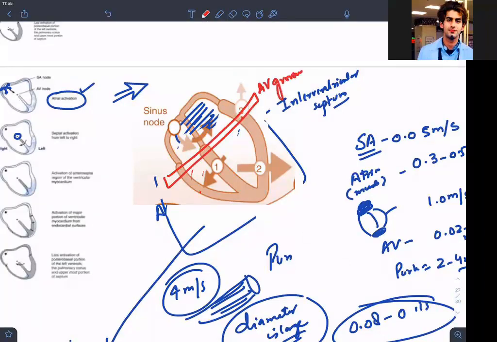So this AV groove goes to the, so what is the depolarization pattern? Is the depolarization happening from endo to epicardium or epicardium to endocardium? So the depolarization is happening from endocardium to epicardium, going like this out. Endo to epi, very nice answer.